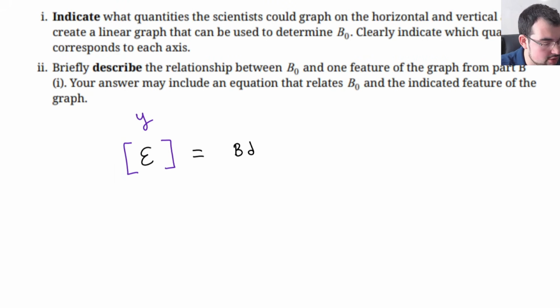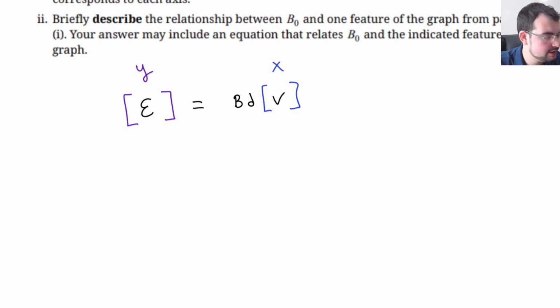I'm just changing the order just so it's easier to put my speed V in a box. And then that means that my slope is just going to be the number in front. This does earn both B points. I didn't actually have to solve for B. I could just say the slope is B times D.